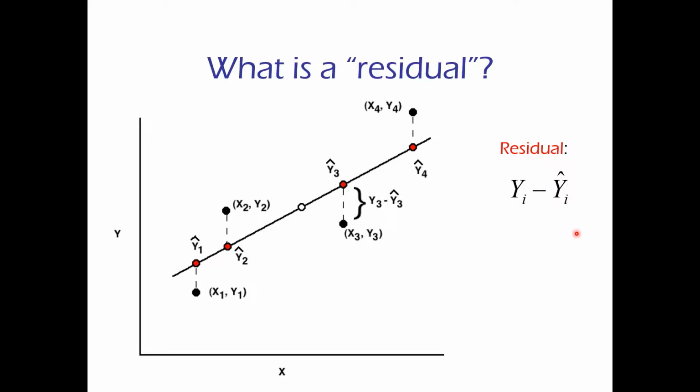For example, in the figure here, the 4 black dots represent the actual measurements. We run the regression and draw a fitted line across the dots. So this one is the fitted line.